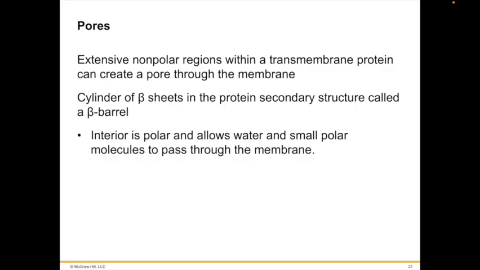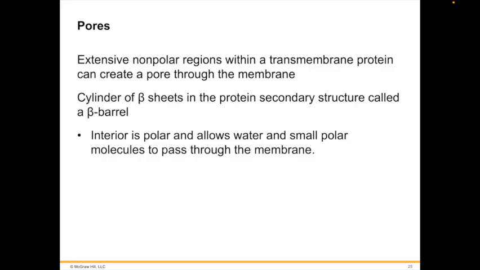Some transmembrane proteins have extensive non-polar regions with secondary configurations of beta-pleated sheets instead of alpha helices. The beta-pleated sheets, or beta sheets as they're also called, form characteristic motifs, folding back and forth in a cylinder, so the sheets arrange themselves like a pipe through the membrane.